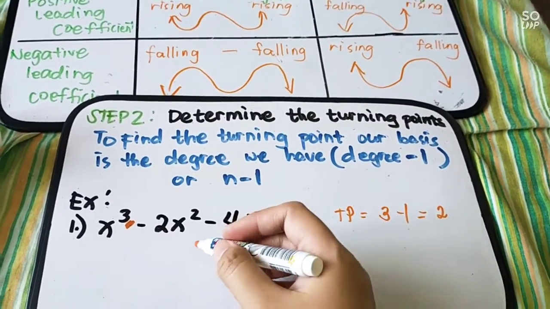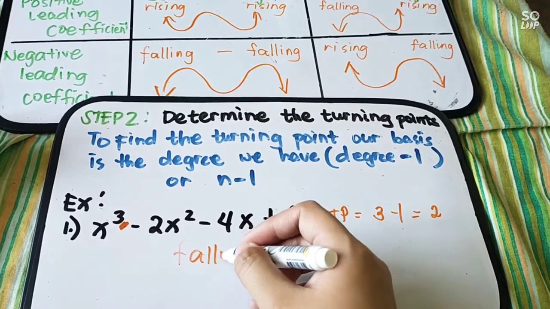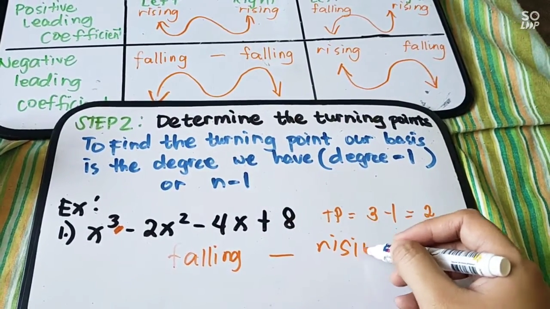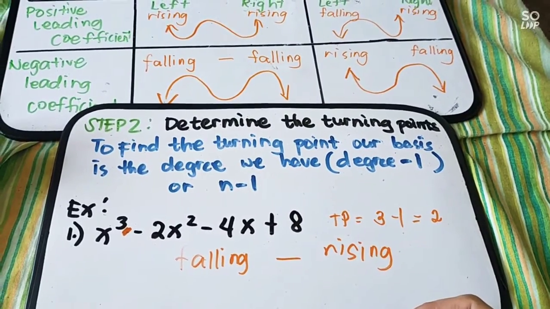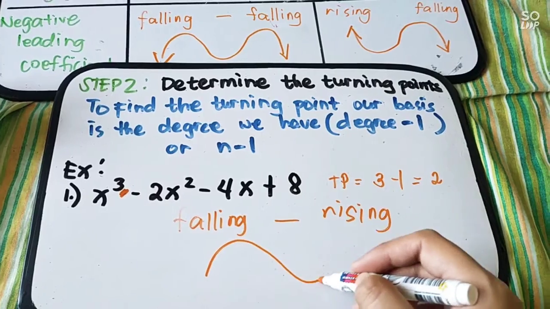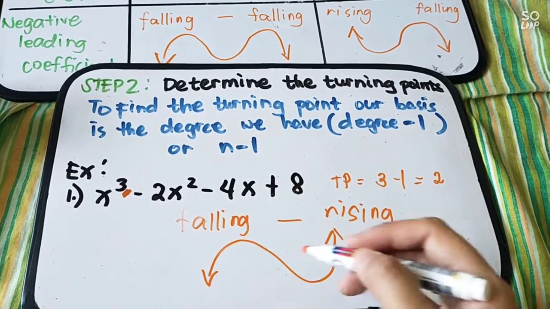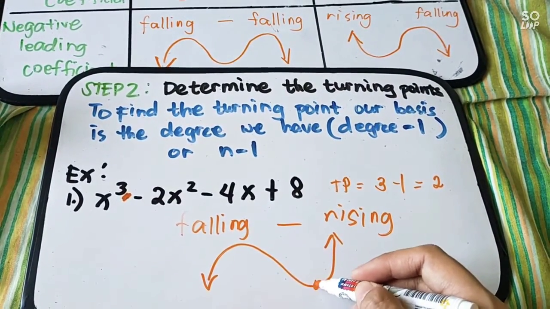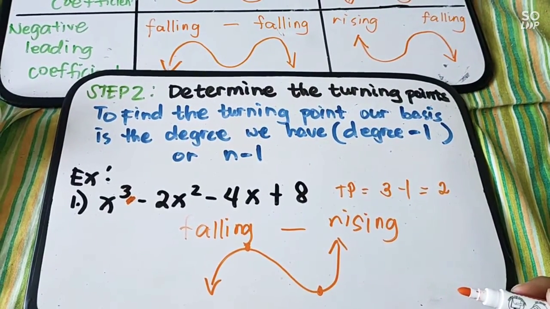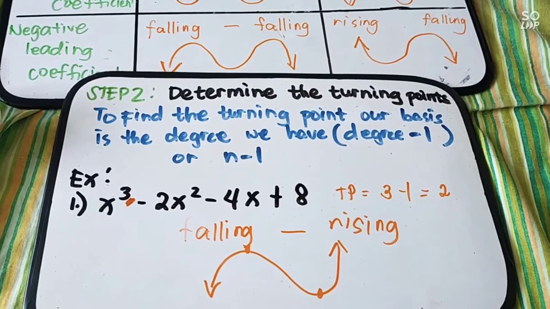Therefore, the behavior of the graph is falling to the left and then rising to the right. You are going to expect your graph to look like this. It has only two turning points, one and then two. Did you understand? Okay, I will give more examples.